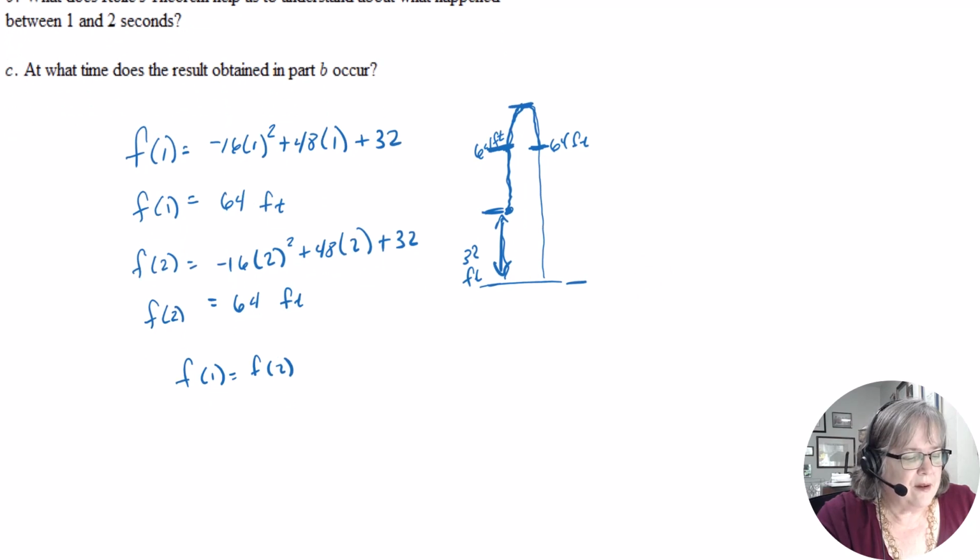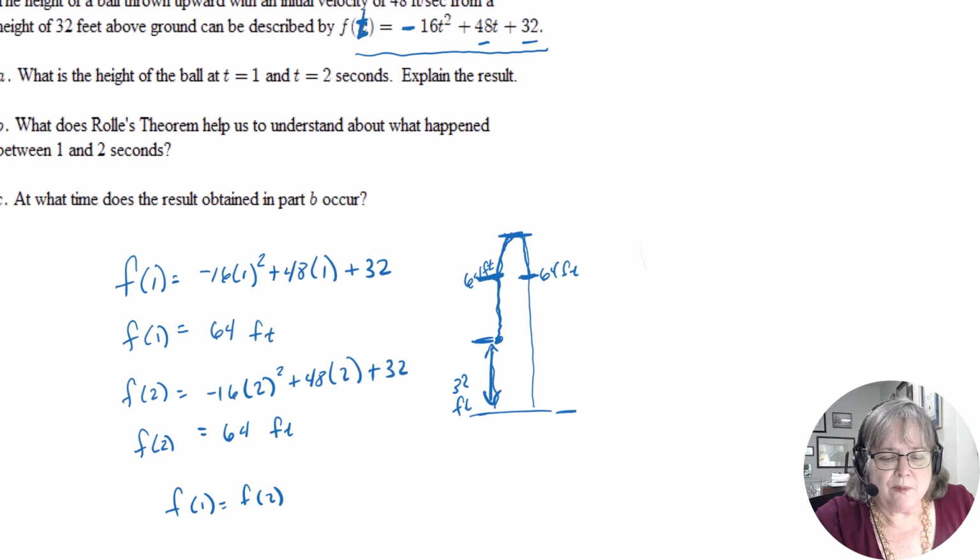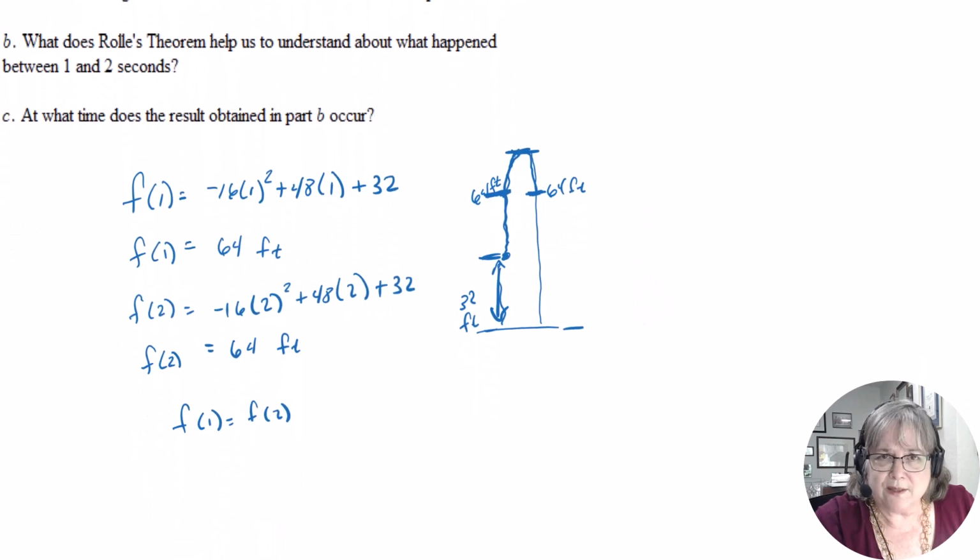Right? Okay. Now, let's talk about this in a realistic sense. If right here the slope is 0, then remember, the slope is the derivative. The derivative of a position function is a velocity function.